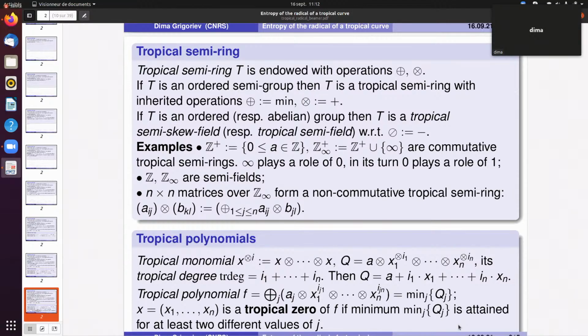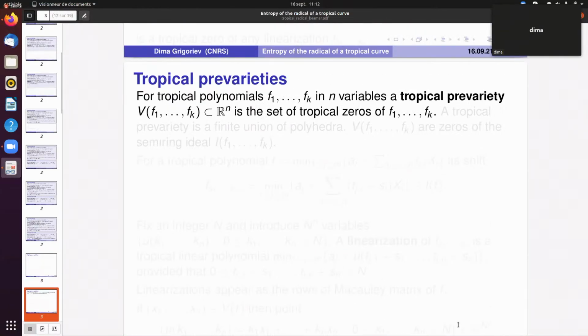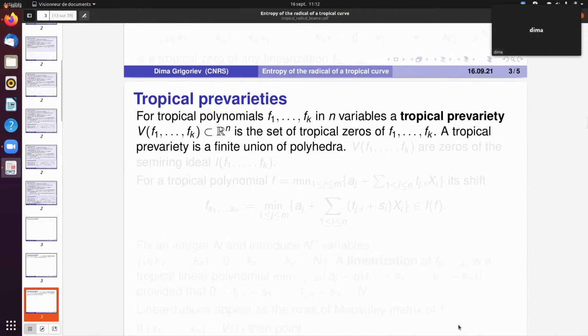Okay, and the tropical variety is again similar to classical stuff. We want to define the set of the points of zeros of a polynomial. So we have a family of tropical polynomials f1 to fk in n variables, and the tropical variety we define simply as the set of the tropical zeros of all these polynomials. Geometrically, a tropical variety is a finite union of polyhedra.